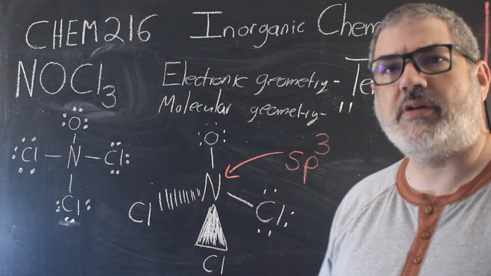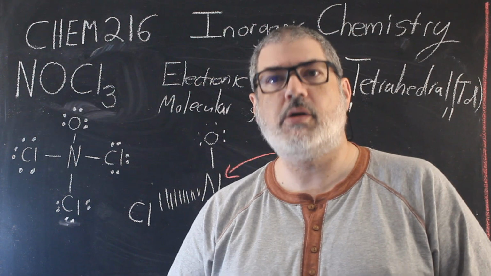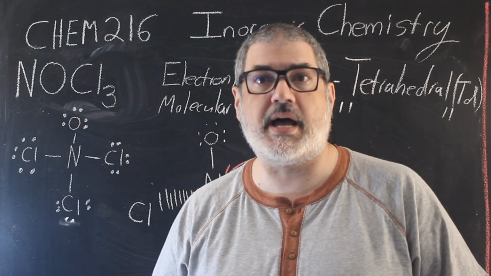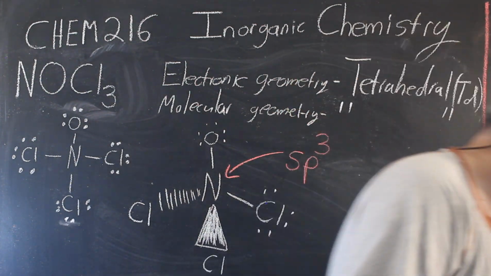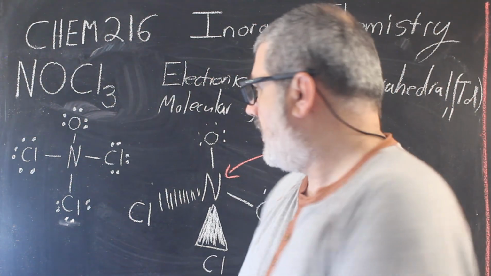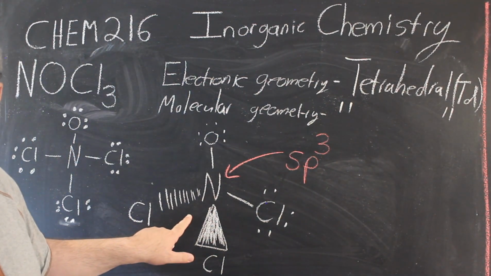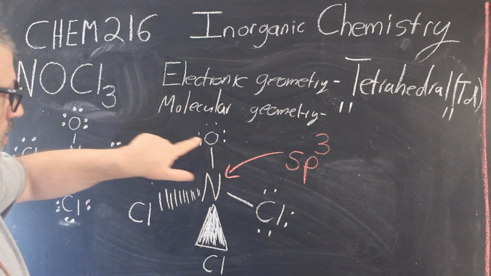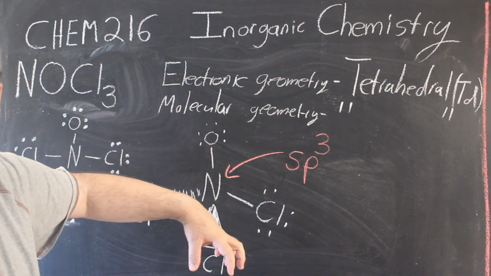The next question: is the molecule polar or non-polar? All right, so what's going to define polarity in a molecule? If we look at this molecule in 3 dimensions, well, we've got 1 oxygen, the nitrogen, and then 3 chlorines below it.